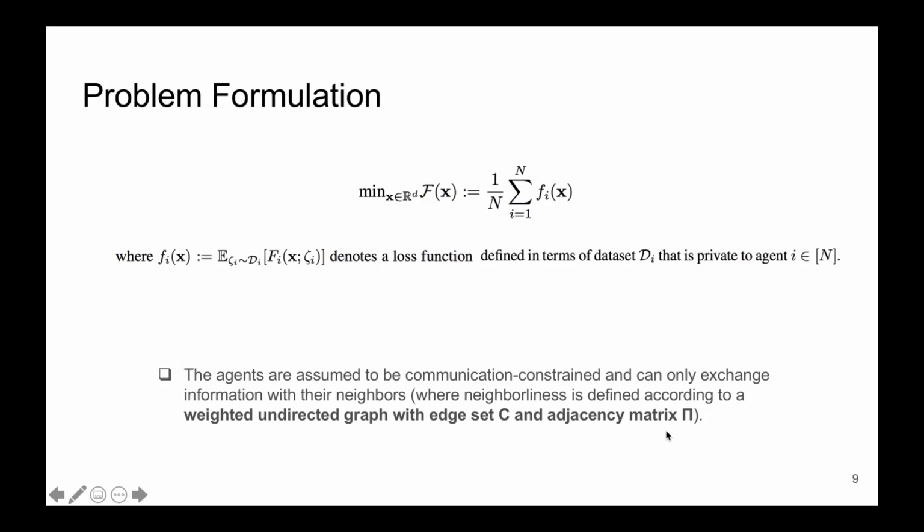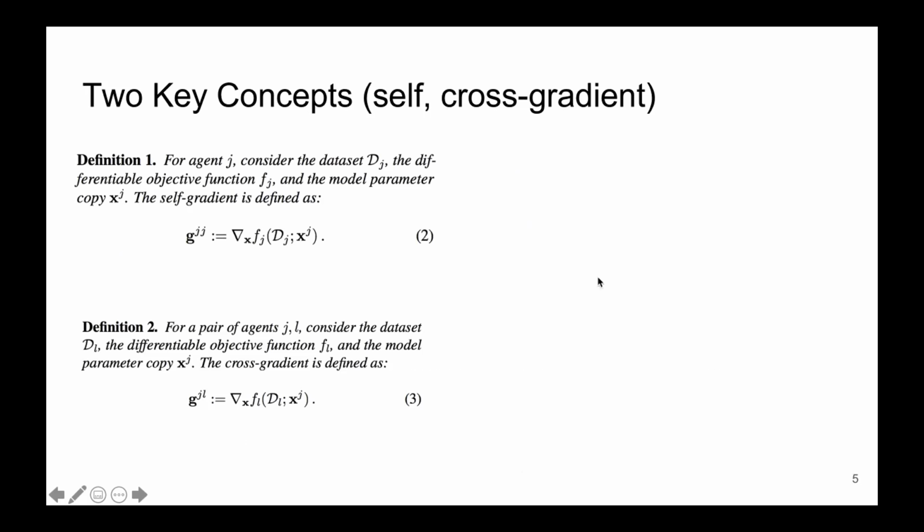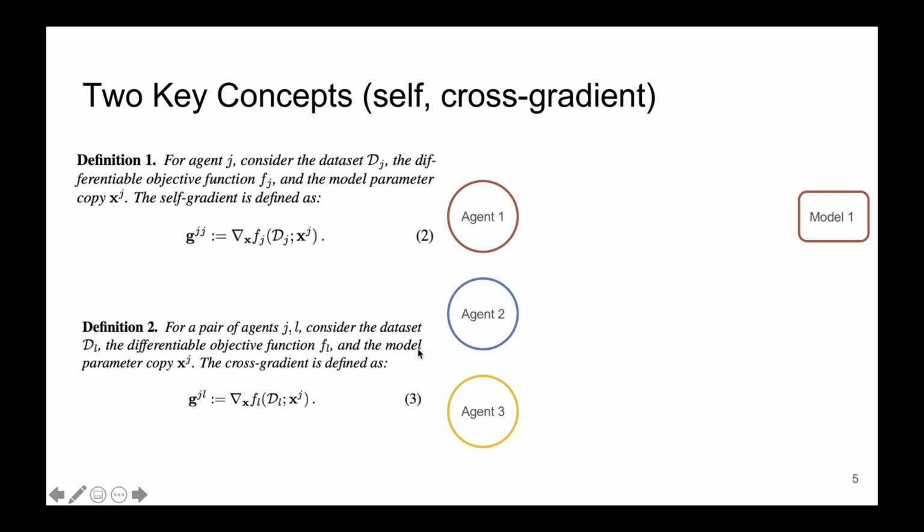So this paper introduced two concepts called self gradient and cross gradient. What does this mean? For example, we have 3 agents here. Agent one has a model one, and this model is used to generate the gradient over agent one's data.